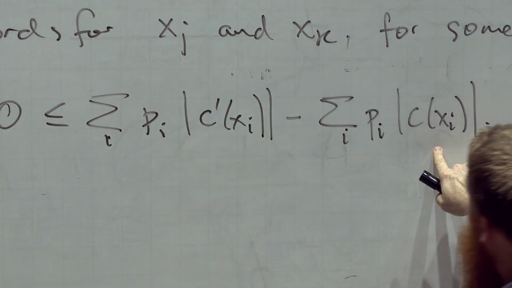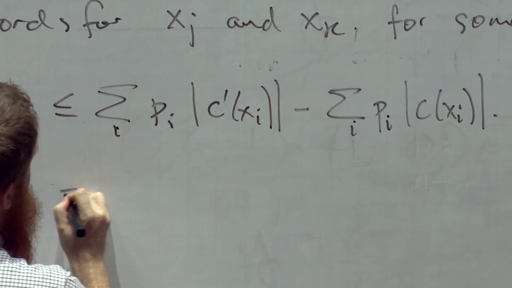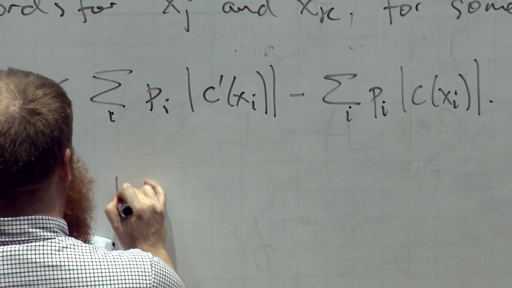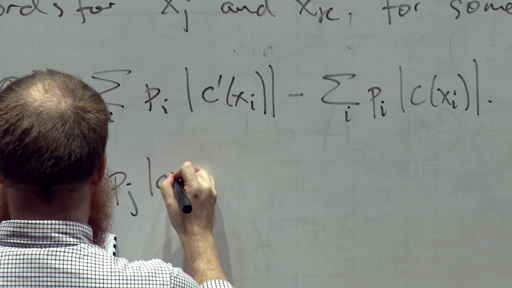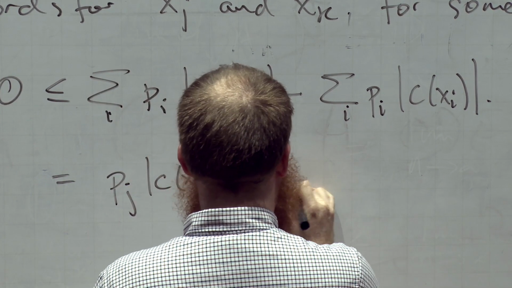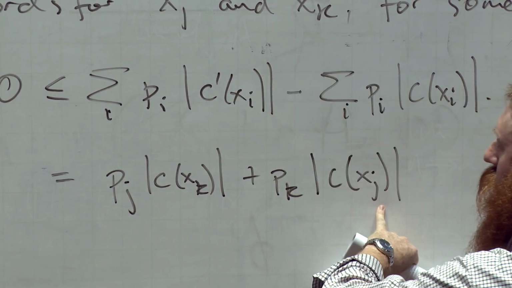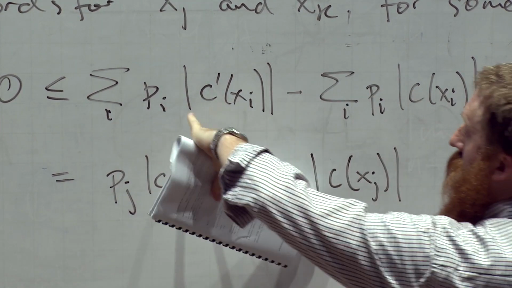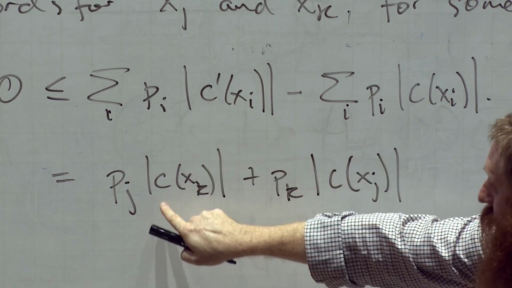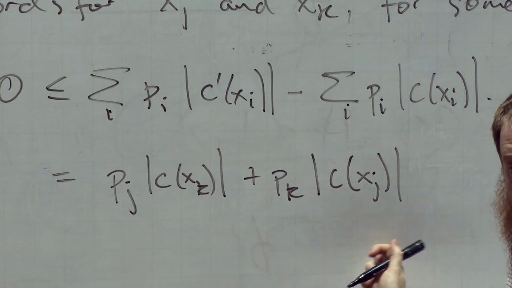But these two codes differ only in one term. So cancelling everything that is the same, I get pj times the length of C(xk) plus pk times the length of C(xj). These are the two terms that I have switched, if I look according to C prime. But C prime means that I use C of xk and C of xj because they're the opposites.